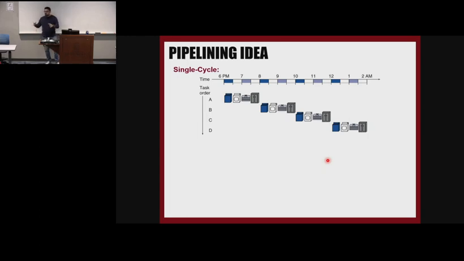One way is that you get the first pile, take it there, and go through the entire process: wash it, dry it, fold it, and put it in the closet, and then go back and use another one. If every step takes half an hour, you need 2 hours to finish the first pile, which is task A. Then you need another 2 hours for the second one, another 2 hours for the third one, and another 2 hours for the fourth one.